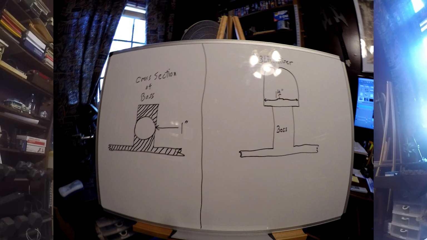The riser should widen to a slightly greater diameter above this point of contact, or neck, so that it kind of takes up any shrinkage, any solidification that might take place inside the riser.